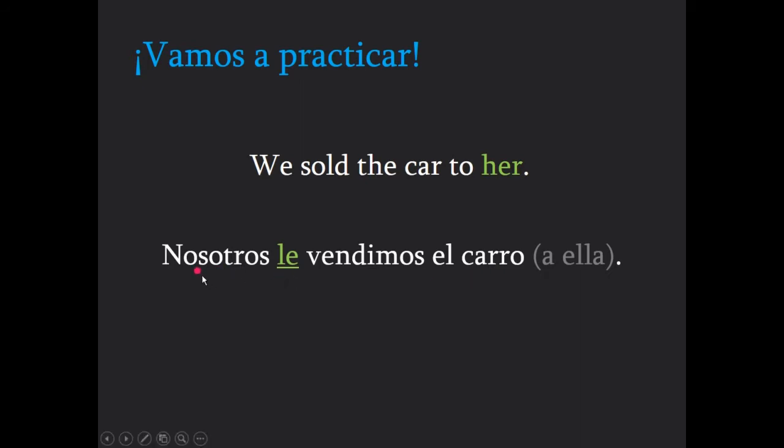And I answered, sí, nosotros le vendimos el carro, I would know that that meant to her because the person asked about her. But if there is no contextual clue before, I would probably have to put a ella in my sentence to clarify who that le is. So it's correct both ways: nosotros le vendimos el carro, or nosotros le vendimos el carro a ella to clarify.